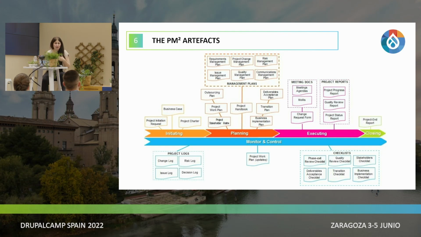We refine it during the execution, because this is life, they change their mind. They tend to not think about everything in the very beginning. That's why I recommend you to always put a kind of buffer just in case for the execution. And they keep asking for changes, which is fine, but we have to manage them.